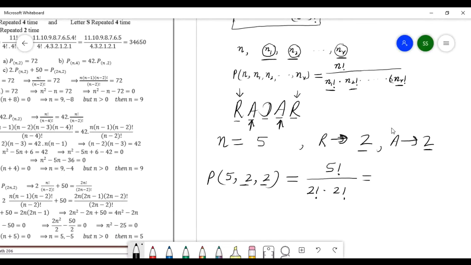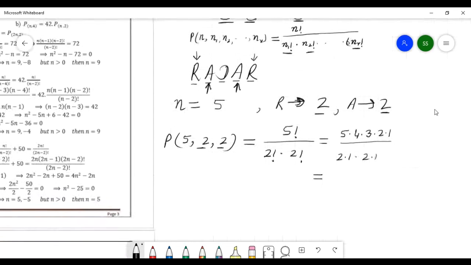So this equals: at the bottom, 2 factorial is 2 times 1, and 2 factorial is 2 times 1, and on top 5 times 4 times 3 times 2 times 1. Multiply all.